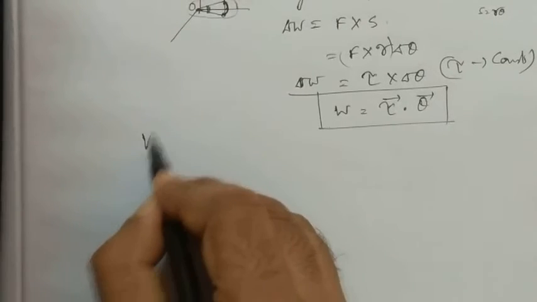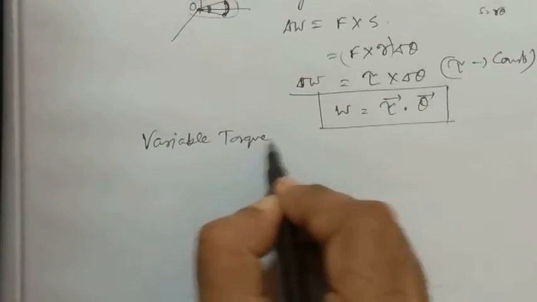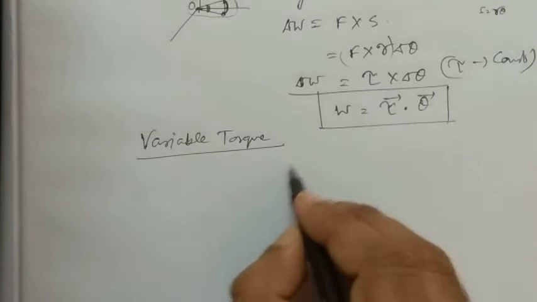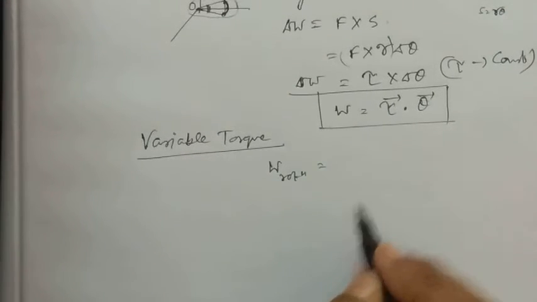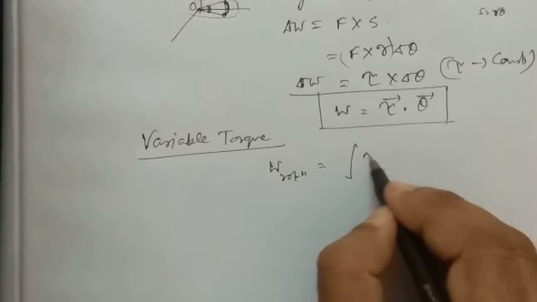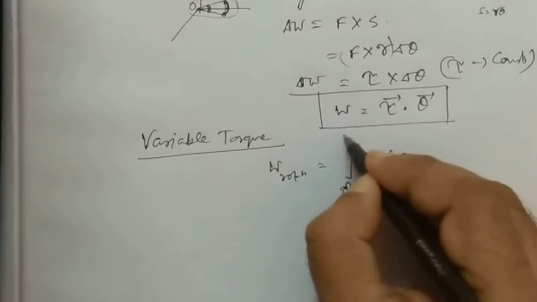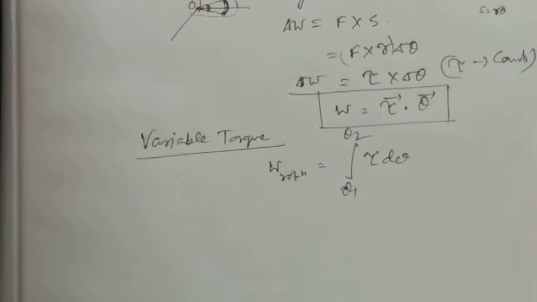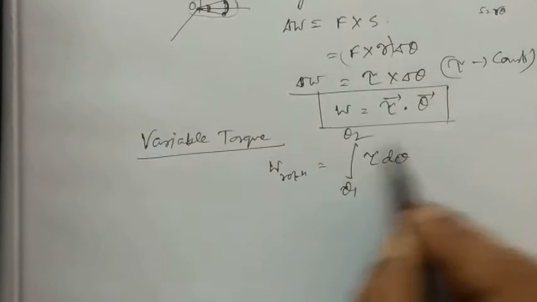Now for variable torque, the applied torque is changing. So for variable torque, we get the value of W, the work done in rotational motion, with the help of integration: the integral of tau d theta from theta 1 to theta 2. The integration is done with respect to the angular displacement.